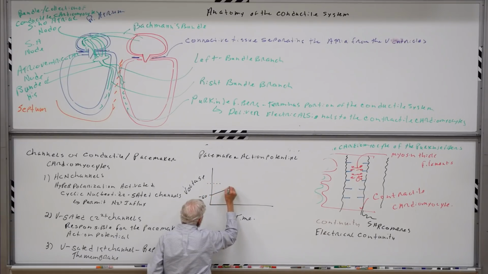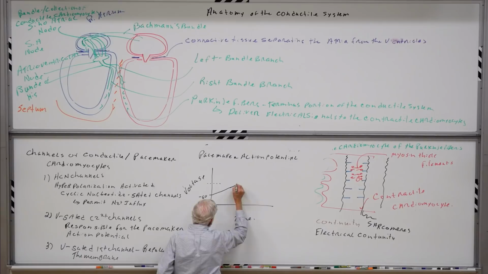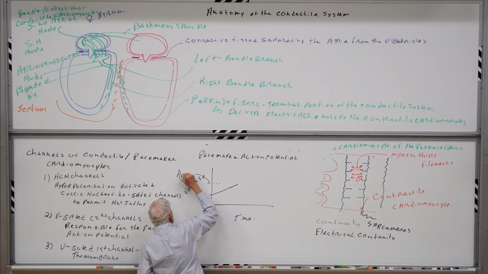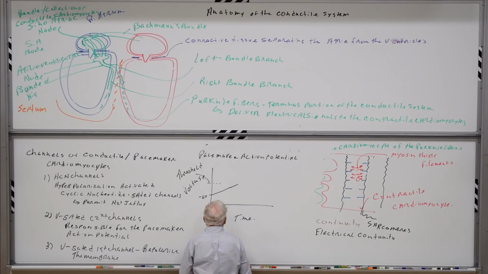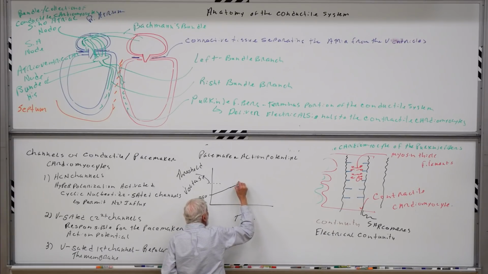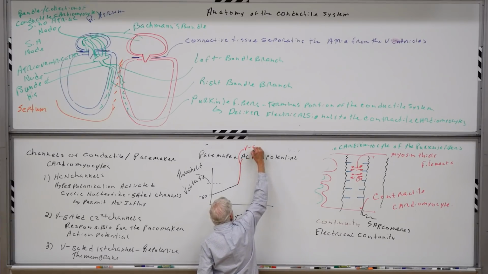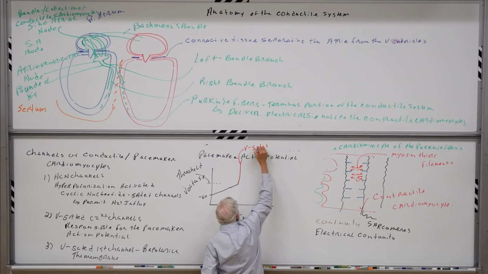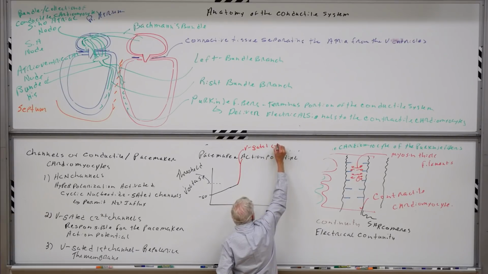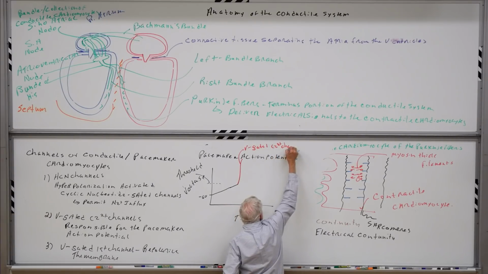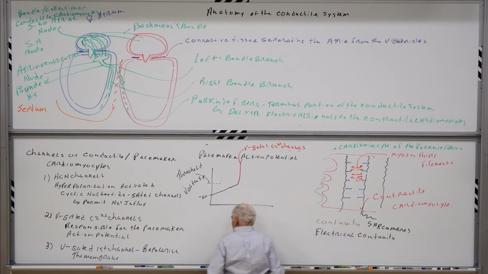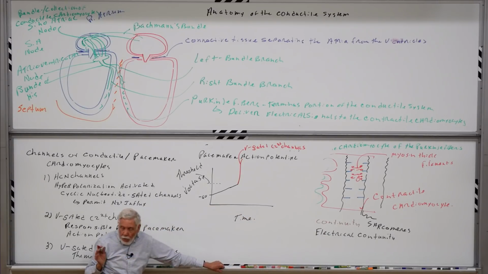When the membrane reaches a certain point, called threshold, there's an opening of the voltage-gated calcium channels. For those of you who had some cell biology, these are the so-called L channels.